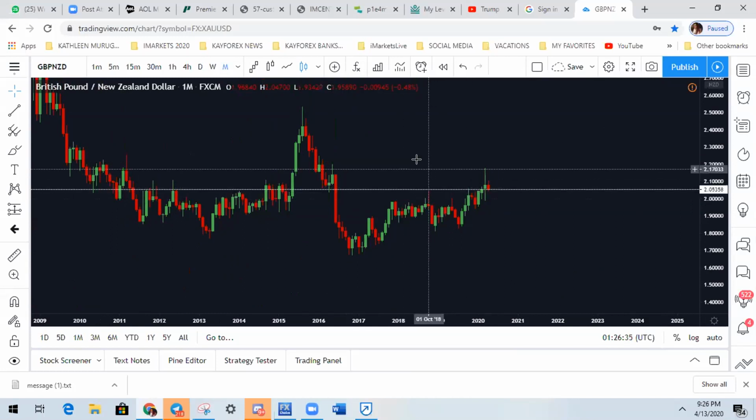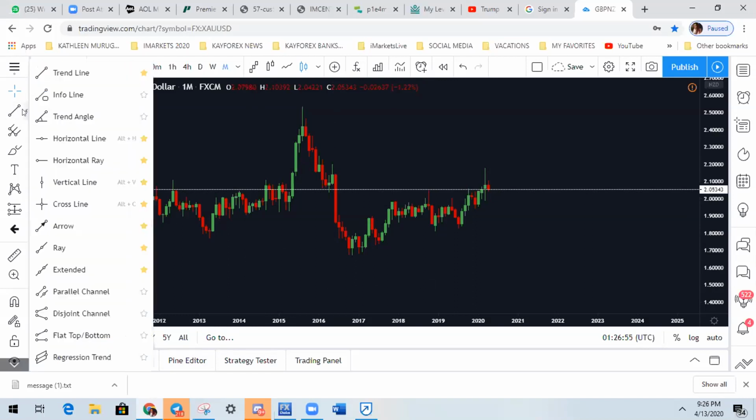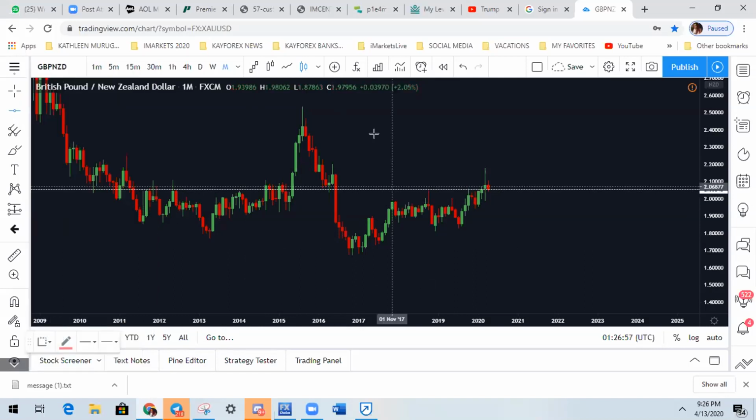We can use that as our guideline to mark up the tops and the bottoms. So for now, we can just put it right there.